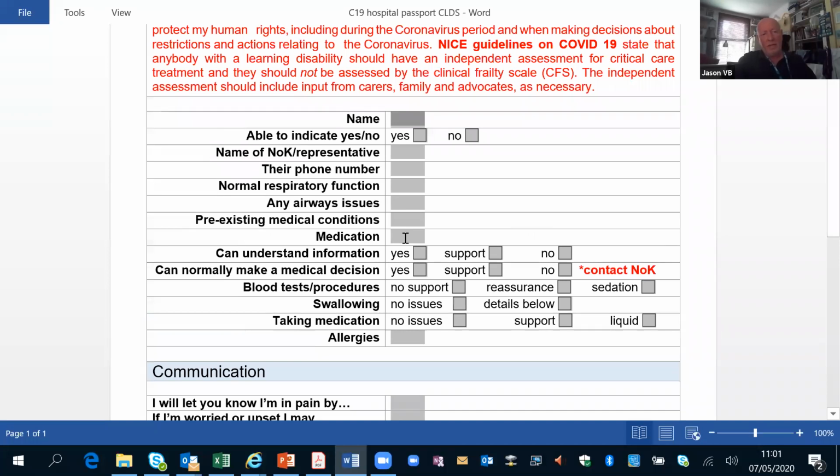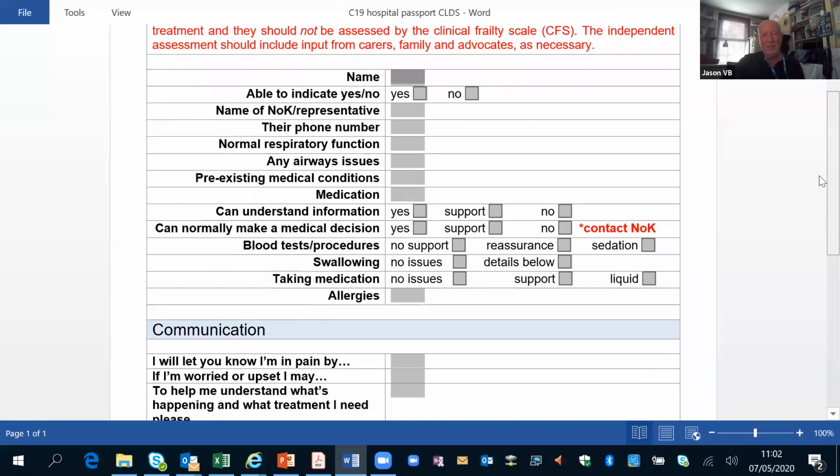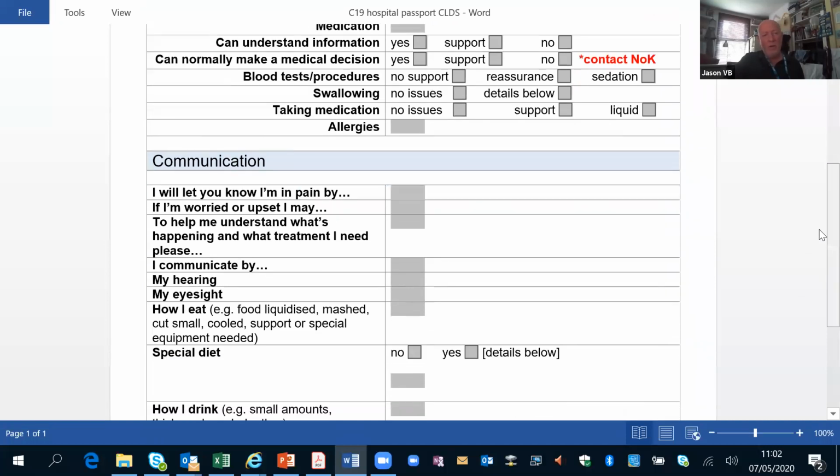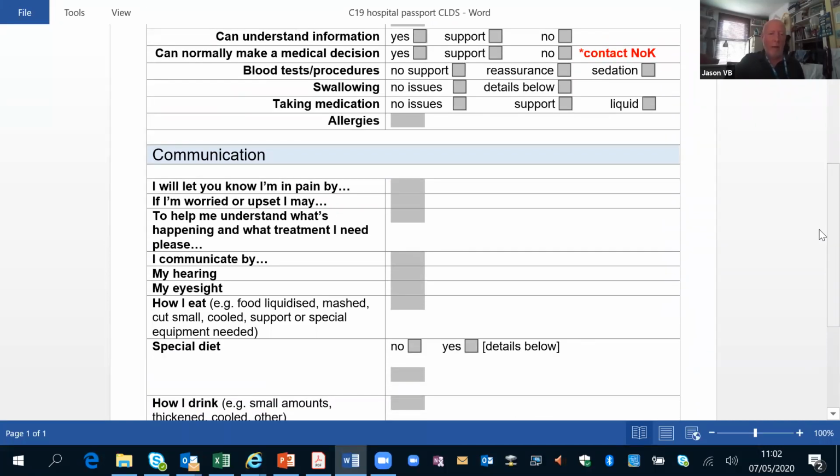Pre-existing conditions, medication, some basic communication stuff there, real basic critical detail right up front, and then you've got these more detail around pain and communicating pain, about anxiety and worry, and basic communication stuff there as well.